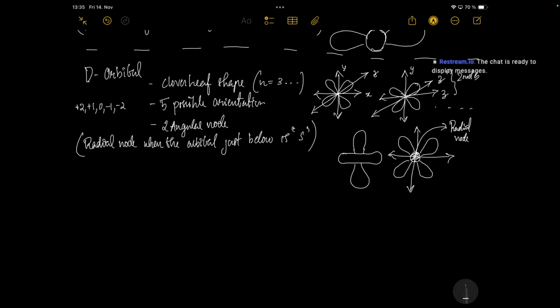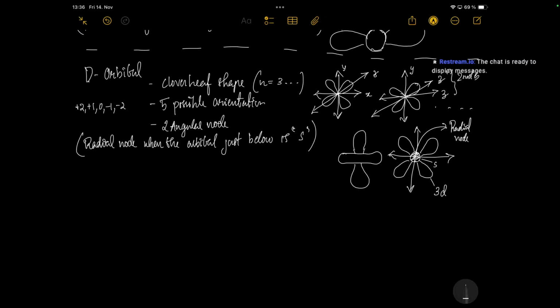Oh, I forgot the example. How was it? This would be 3d, and this would be 5s.